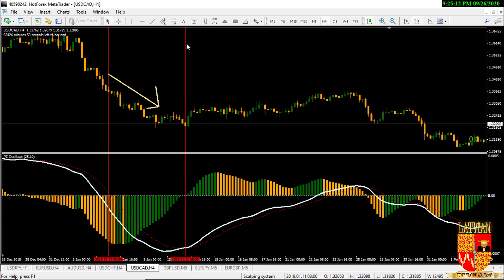And then we can see that right after that we had a retracement all the way up to there, okay?